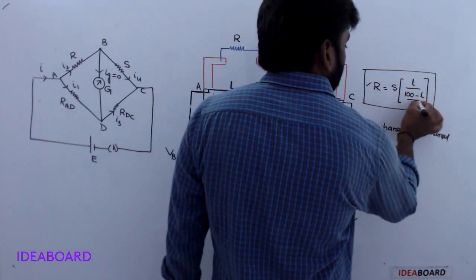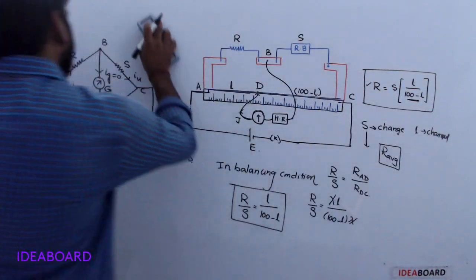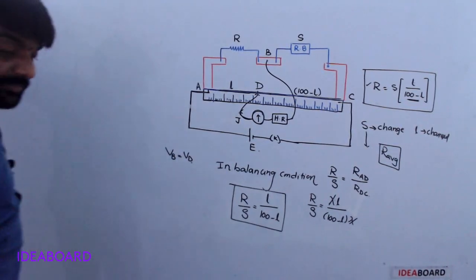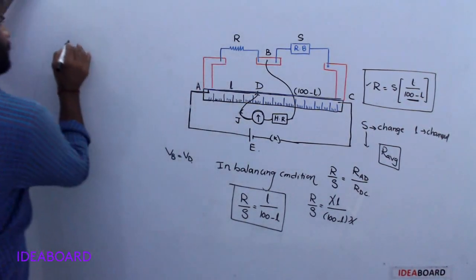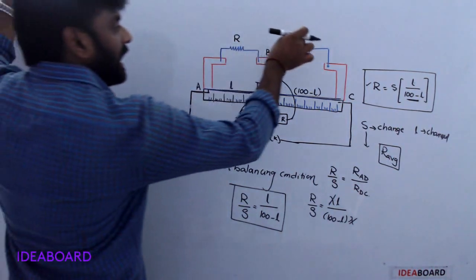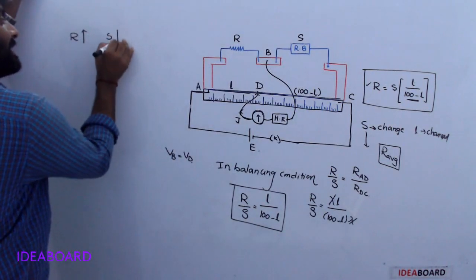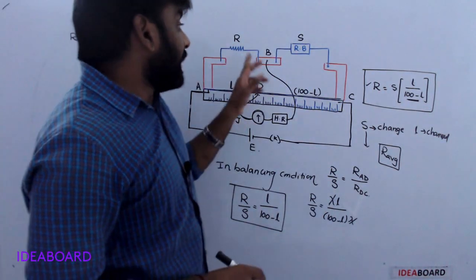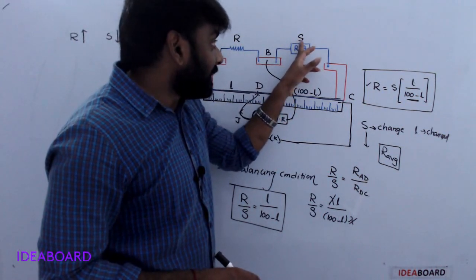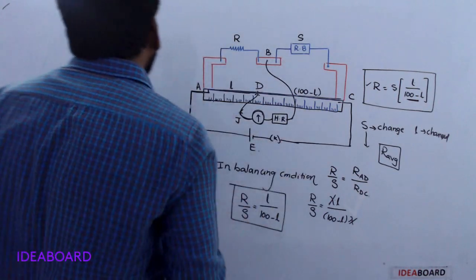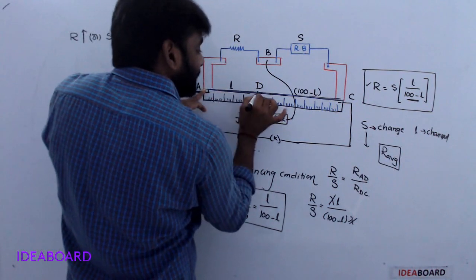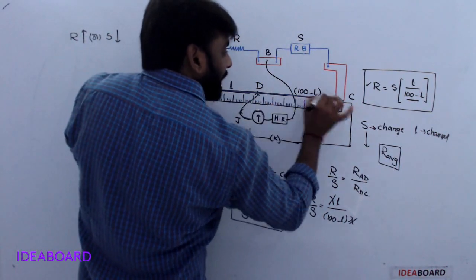R equals L by 100 minus L. It is a formula. Now, some important points. In the left gap, if resistance is increased, or in the right gap, resistance is decreased, in this case the balancing length shifts towards the right.